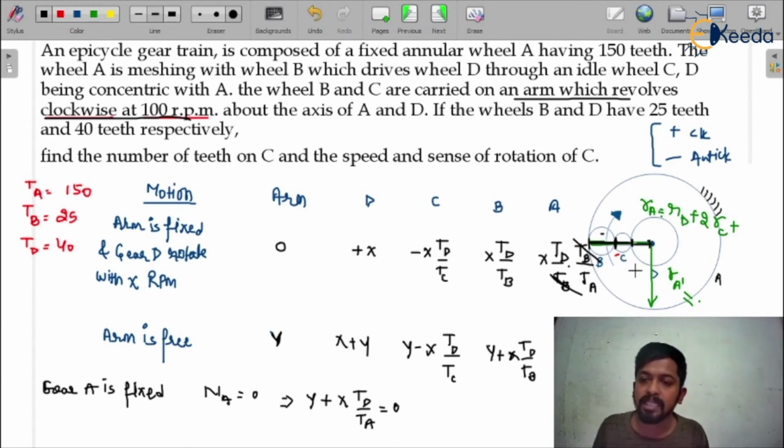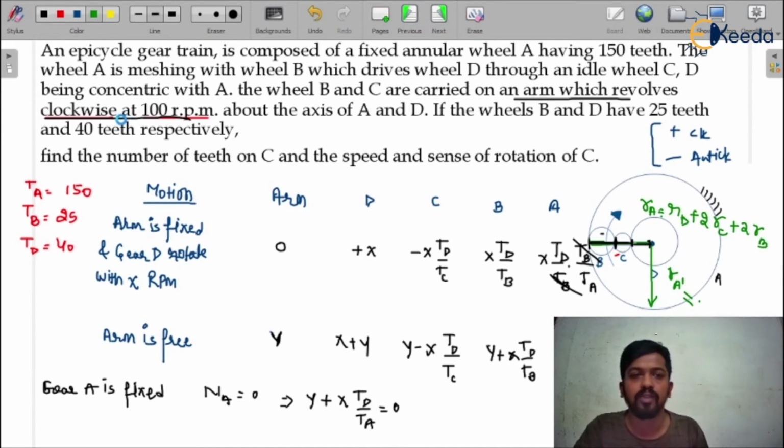So that means the radius of the annular wheel A consists of the radius of gear D, the diameter of gear C, and the diameter of gear B, and the diameter I can write as 2 multiply radius.